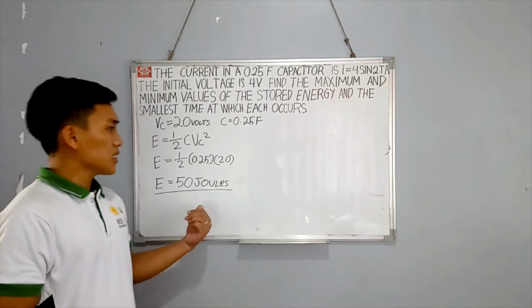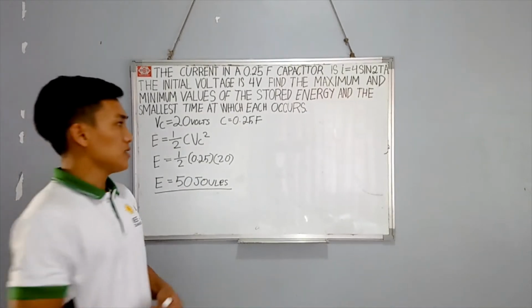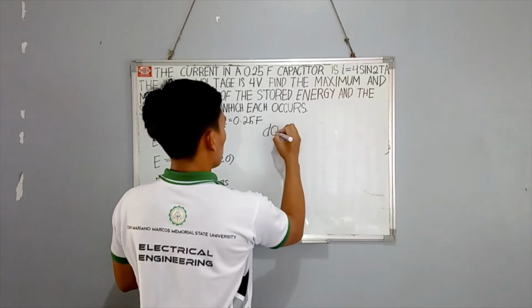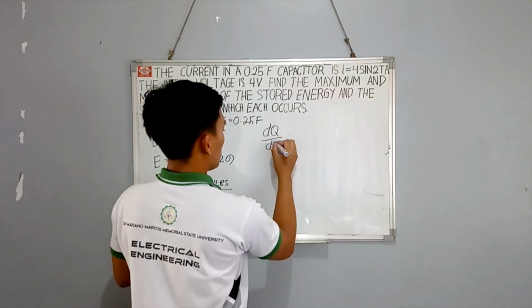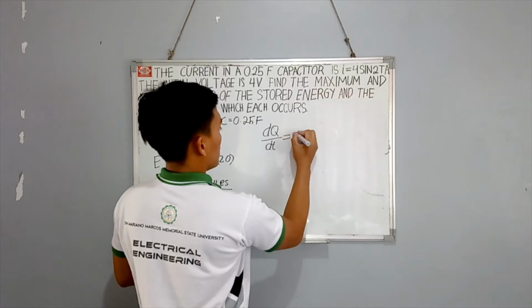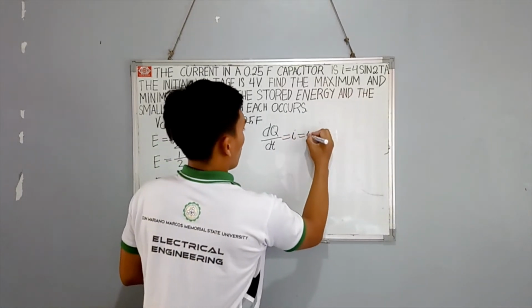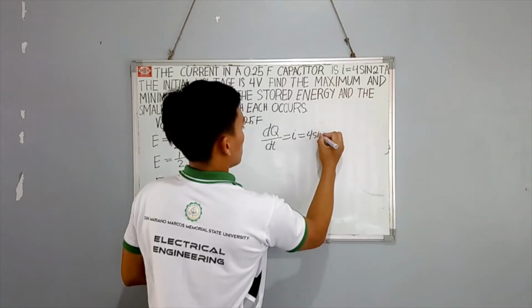To get the t at maximum, we will equate the formula dq over dt, which is equal to i. And we know that i = 4 sin 2t.